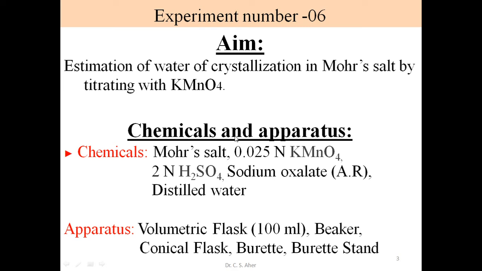The chemicals required are Mohr salt, 0.25 normal KMnO4, 2 normal H2SO4, sodium oxalate, and AR grade distilled water. The apparatus required for titration is a volumetric flask, beaker, conical flask, burette stand, all these things.